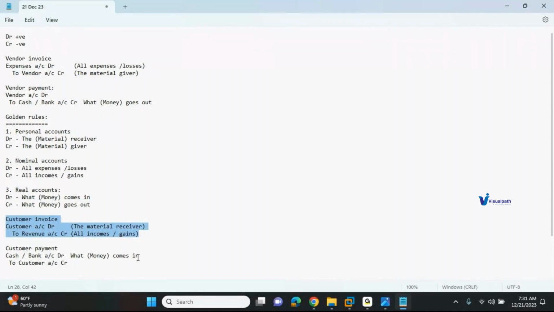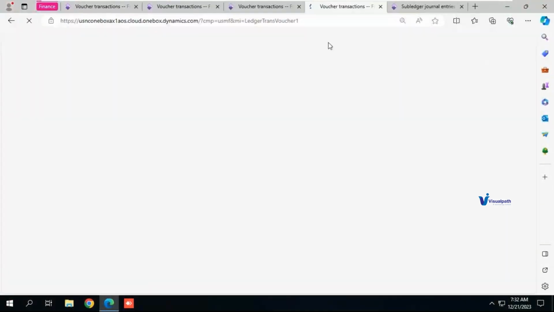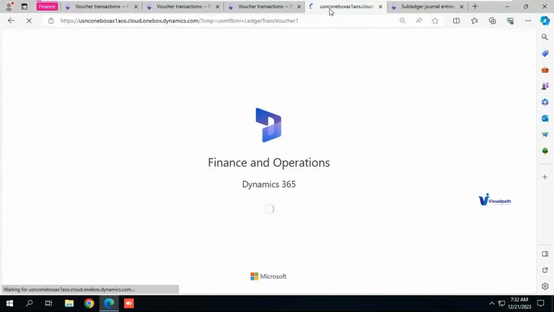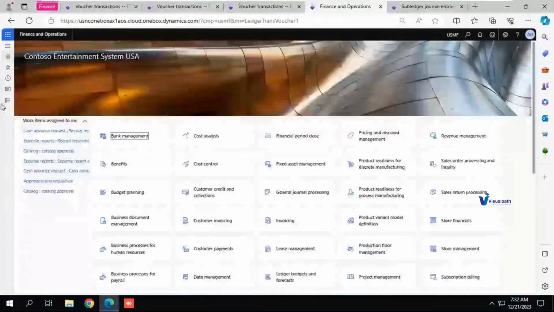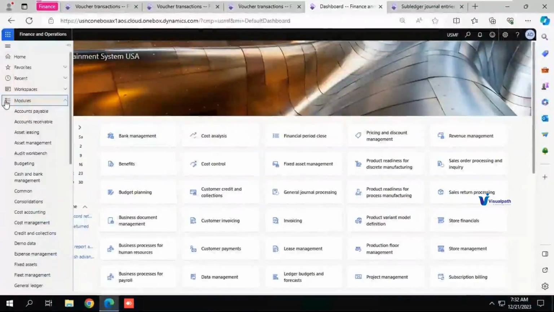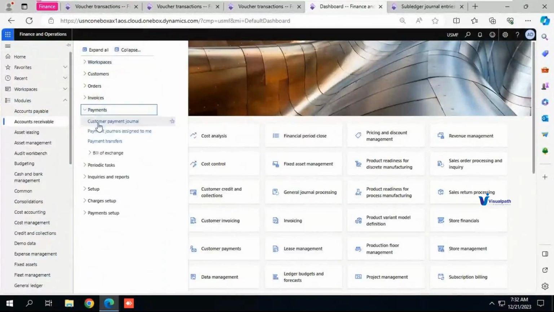Next, customer payment. Customer payment means cash or bank will be debited and the customer account credited. So let me do customer payment. Accounts receivable, collapse all, payments, customer payment journal.